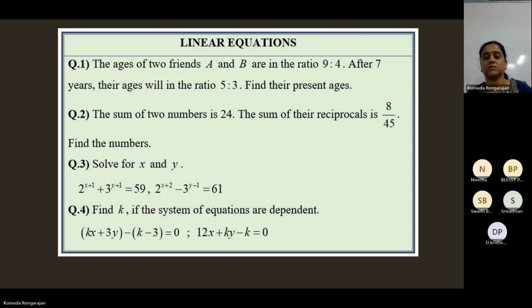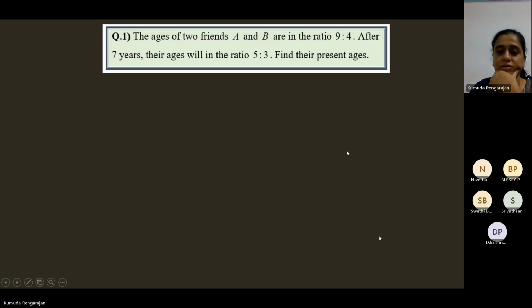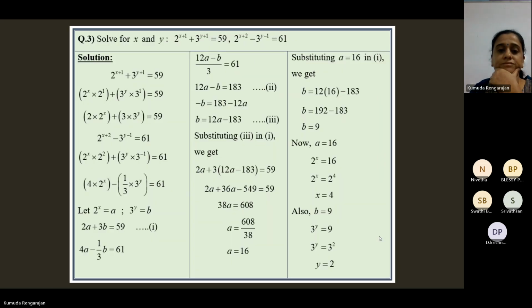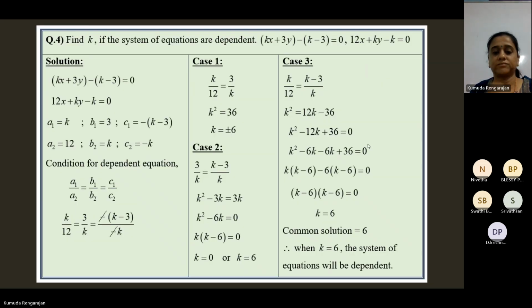Yeah, online children, what's the value of K? 6, ma'am. Correct. 6 is the correct answer.